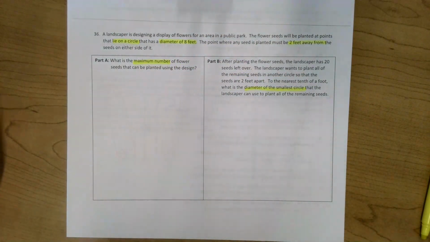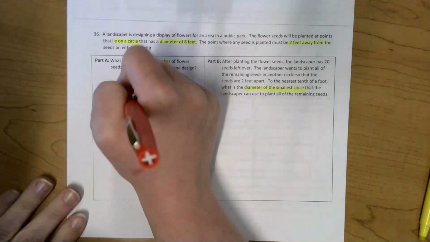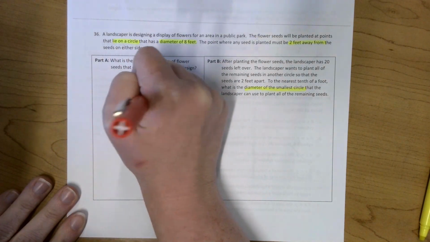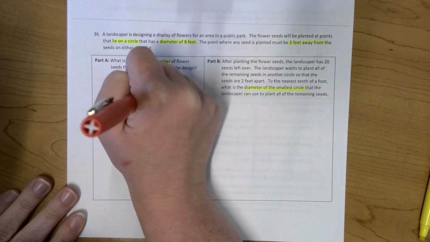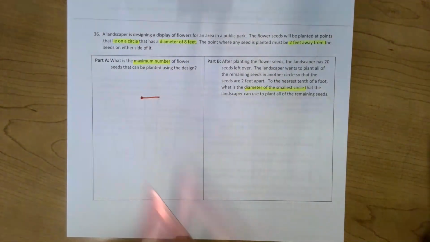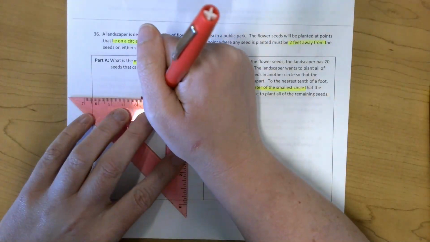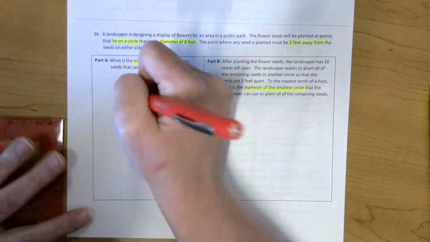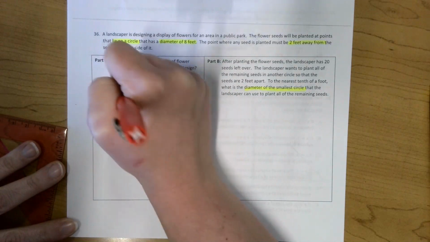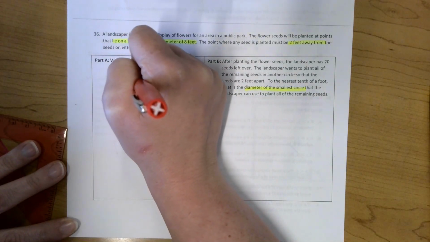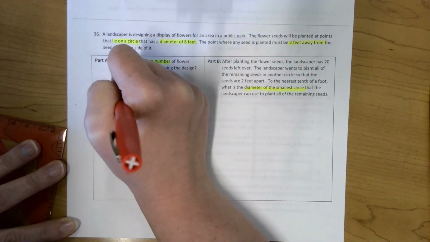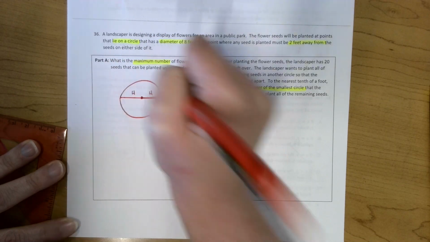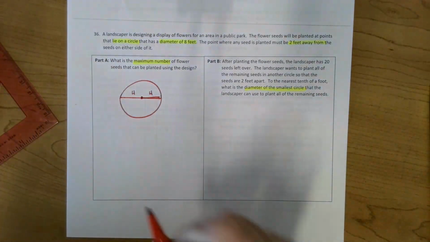So let's sketch this out. We have a circle that's got a diameter of 8 feet. So this would be 4 foot and 4 foot. Can't draw, I apologize. There's my circle.